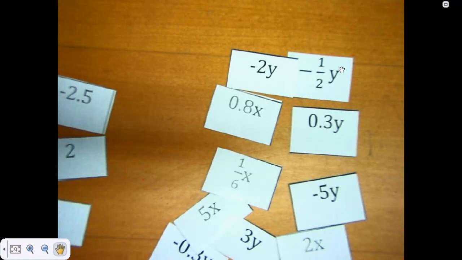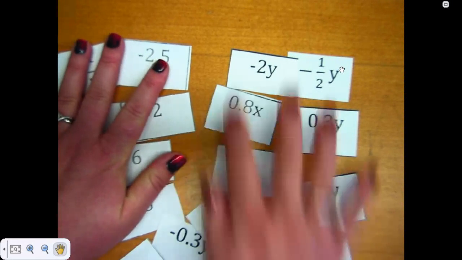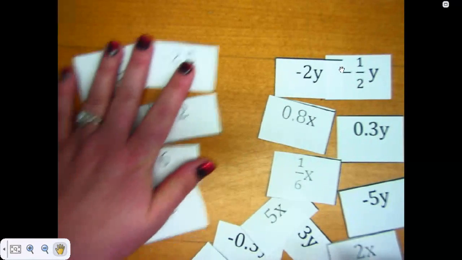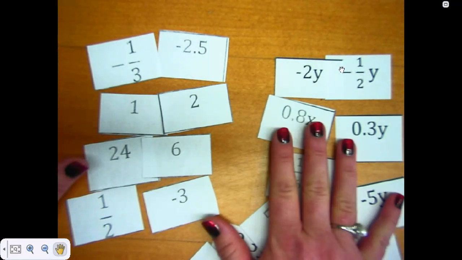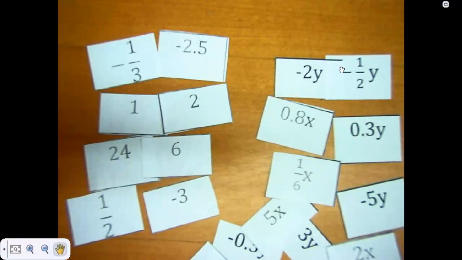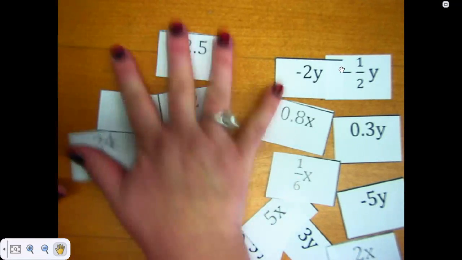And if you did, that's perfectly fine because this is a learning time. So I could have grouped mine like this, where I had regular numbers, and then I had numbers with variables.